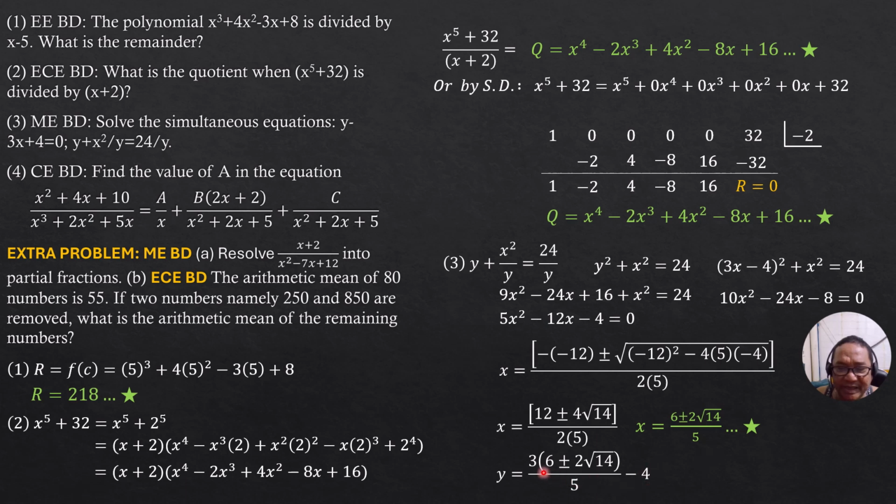So it is 18 plus or minus 6 square root of 14 minus 5 times 4, minus 20, all over 5. Simplifying, it's negative 2 plus or minus 6 square root of 14 all over 5. So that's it for this video, for this part.